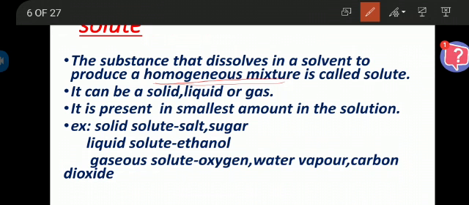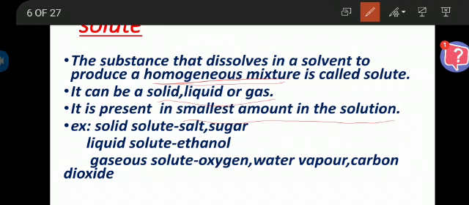It is present in the smallest amount in the solution. For example, when salt is added to water, salt is the solute and it is present in the smallest amount in the salt solution. That is why it is called solute. And water is present in the largest amount, so this is called solvent.